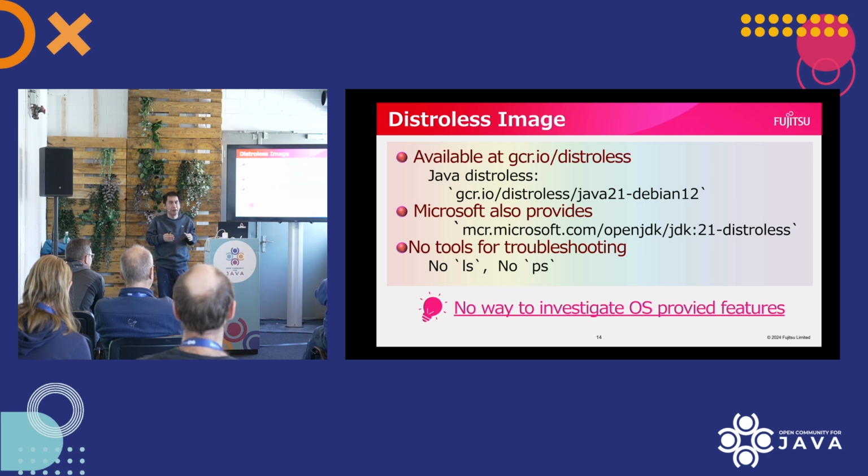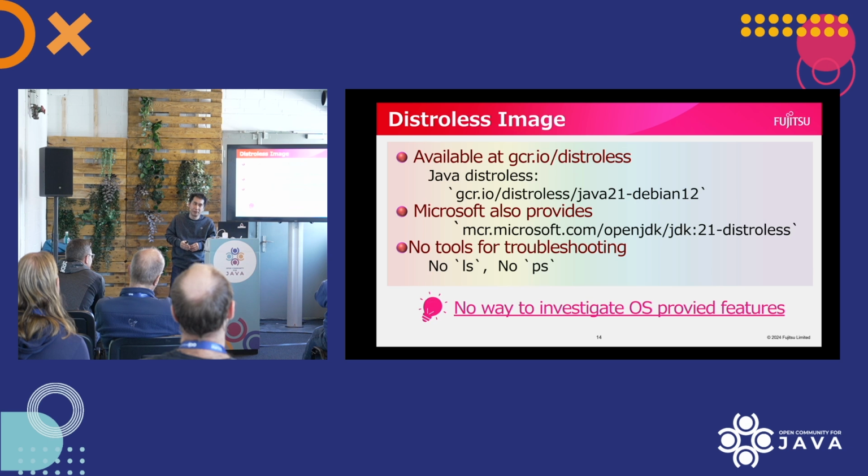Distroless image contains only Linux kernel and very small necessary minimum libraries to start Linux OS. So if your application needs more libraries, you must explicitly add them to your image.